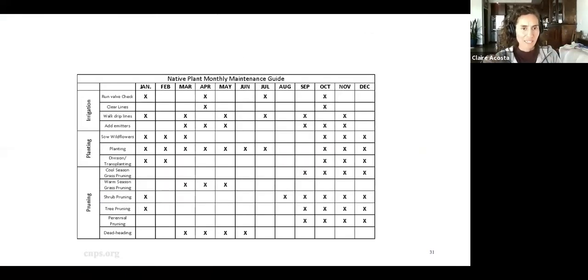Lastly, you guys already have this calendar, but just remember, going from that checklist and garden assessment, then thinking about your monthly activities and scheduling them that way.